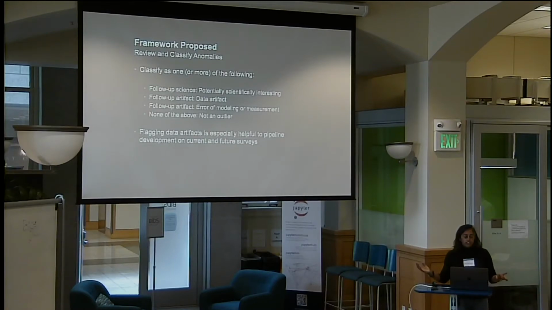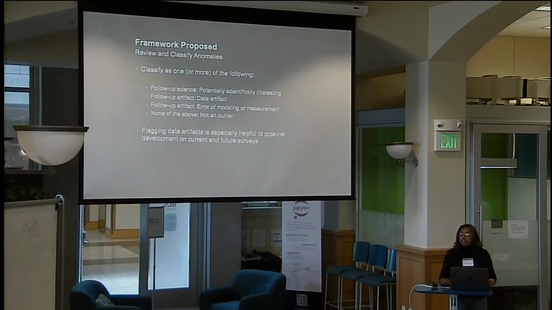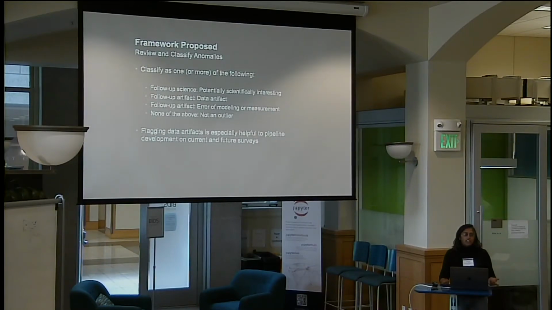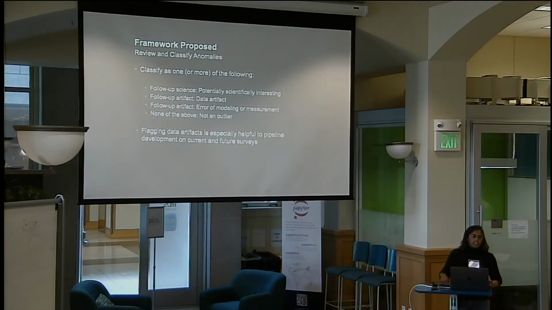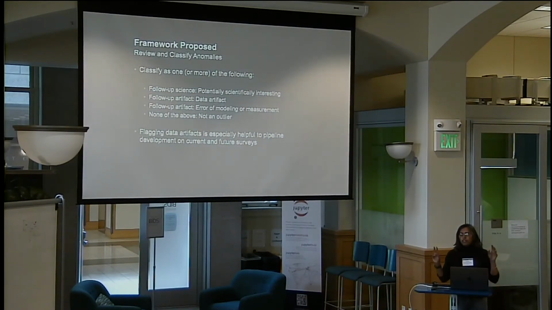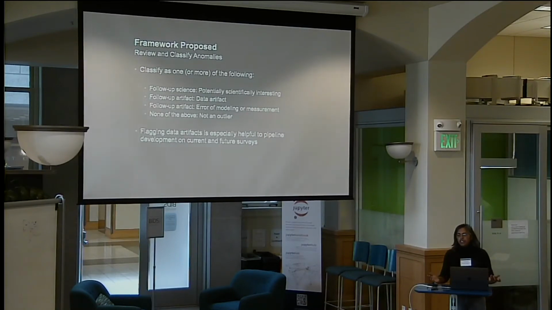And of course, it could be none of the above. In this case, flagging the data artifacts is incredibly useful because DES is still refining their catalogs, and that feedback to them, that in your supposed gold cuts of your data we're finding tons of data artifacts, is useful to them to help refine their threshold cuts.